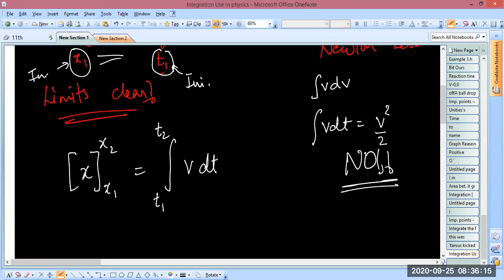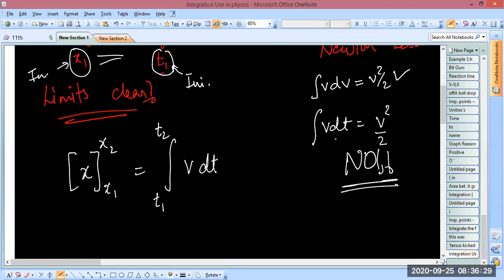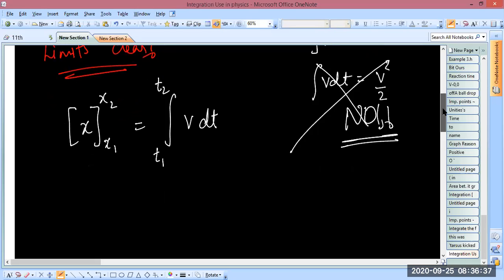I hope everyone sees the difference. This would actually be v square by 2. This is right, but this is wrong. So you can't do anything with it at the moment. We have to leave it like that.